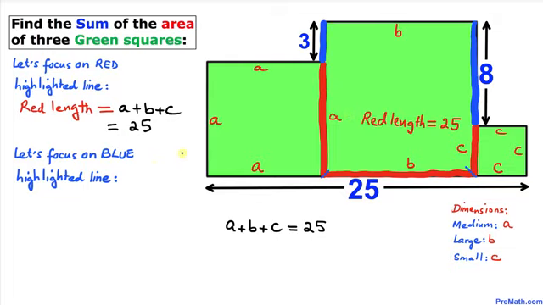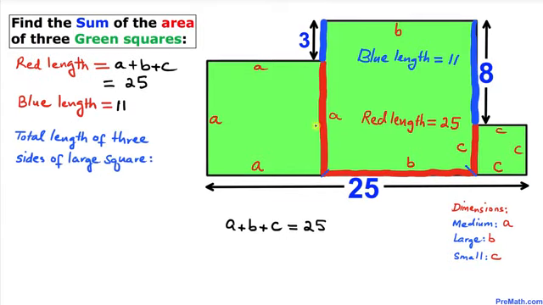And now let's focus on this blue highlighted line. On this side, this is 3 units and this one is 8. So 3 plus 8 gives us 11 units. Thus the length of this blue line is 11.